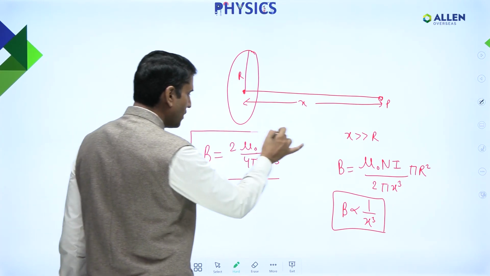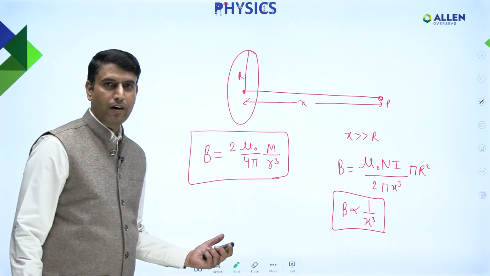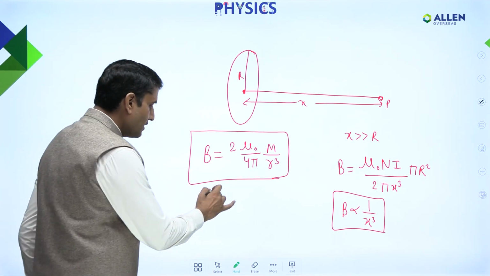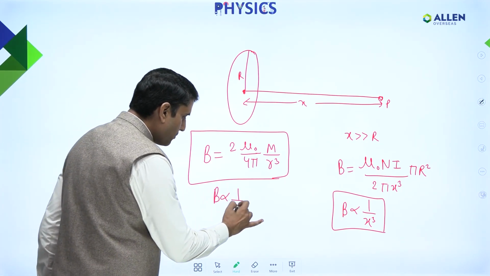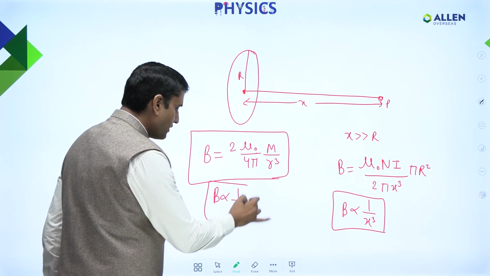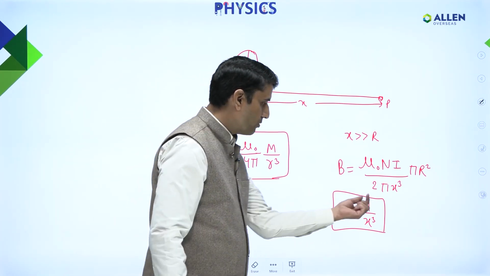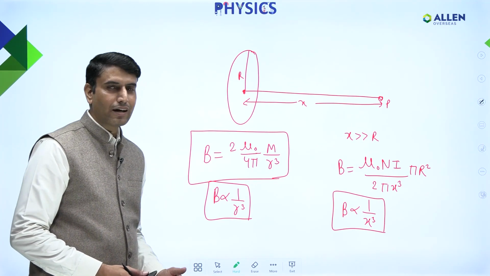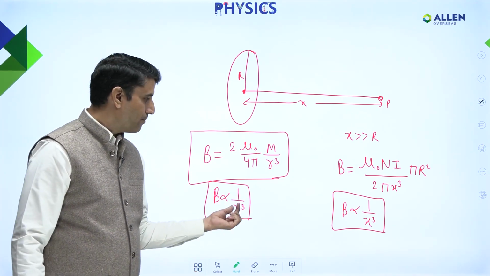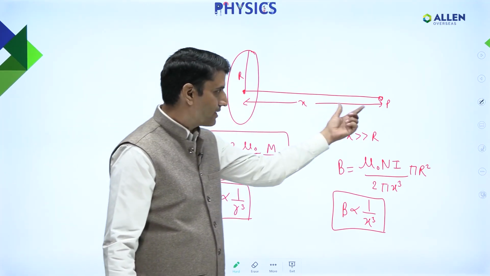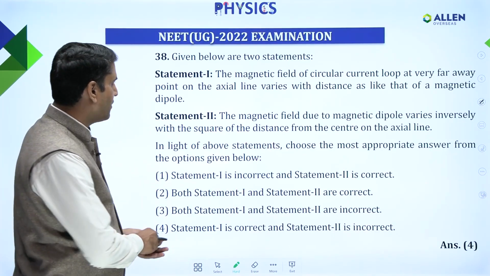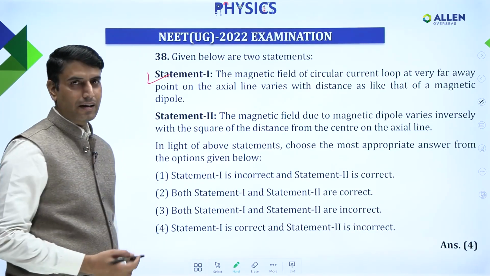That was the formula for a magnetic dipole. So here also B is proportional to 1 upon r raised to 3, and there B is proportional to 1 upon x raised to 3. It means both vary with the same dependence on distance, so we can say that the first statement is correct.